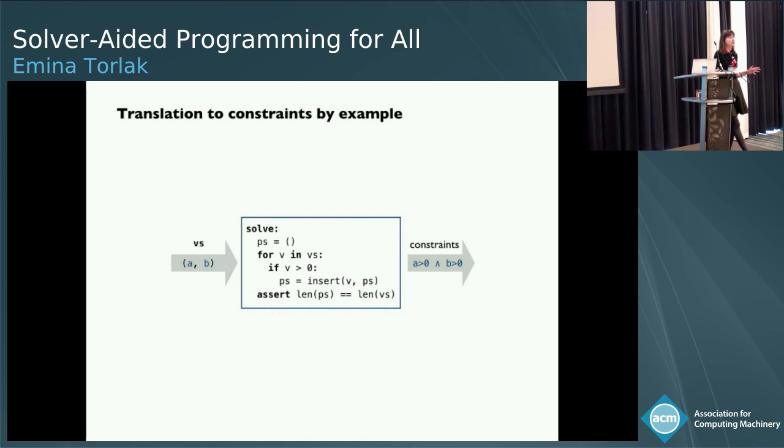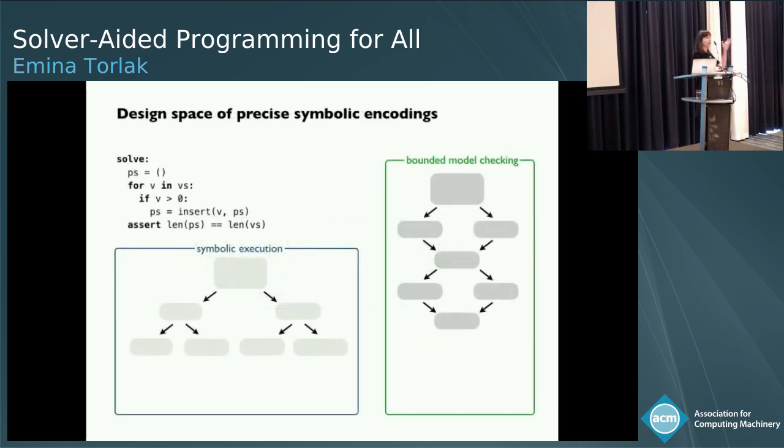So let's see how you would actually go about translating this program without Rosette. If you're doing it without Rosette, you have 2 standard options. One of them is called symbolic execution, and the other one is called bounded model checking. Symbolic execution translates programs to constraints path by path. So here's one example of how it does that for one path.